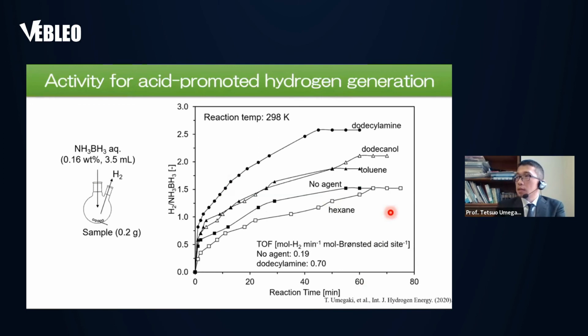Compared with the sample prepared without swelling agent, the samples prepared with toluene, dodecanol, and dodecylamine show a high activity, and especially the sample prepared with dodecylamine shows the highest activity. Its TOF was about 3.5 times higher than that of the sample prepared without CTAB and swelling agents.